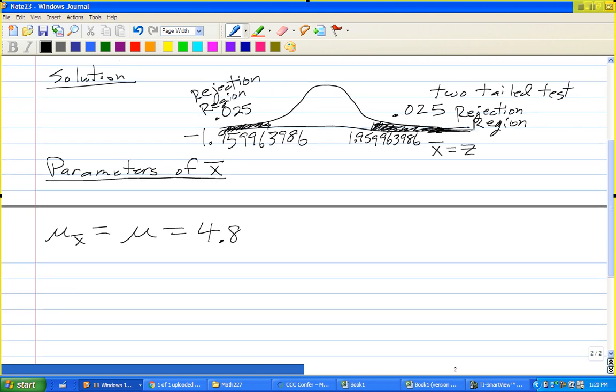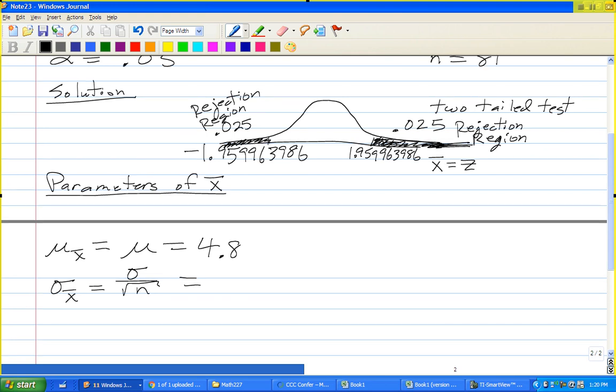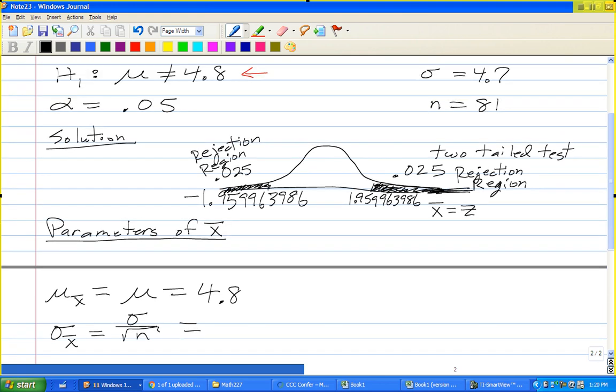Now let's figure out the standard deviation for the sampling distribution of all possible sample means, which is the population standard deviation divided by the square root of sample size. And so we have that the standard deviation of the population is 4.7. The sample size is 81.